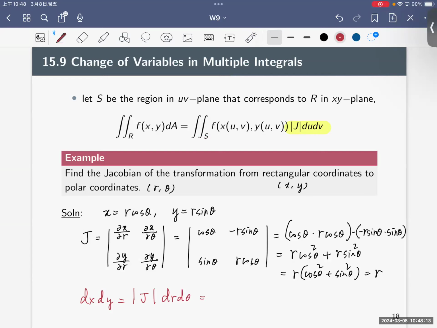And the absolute value of the Jacobian is the absolute value of r, and r is always positive. So that's why we always see r dr d theta. Because basically it is a change of variable from rectangular variables to polar variables. So this is why we have this one.